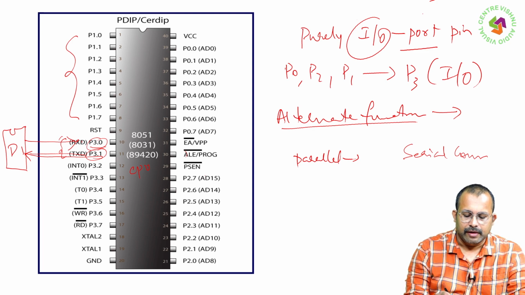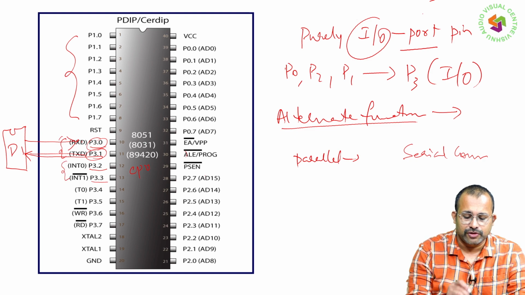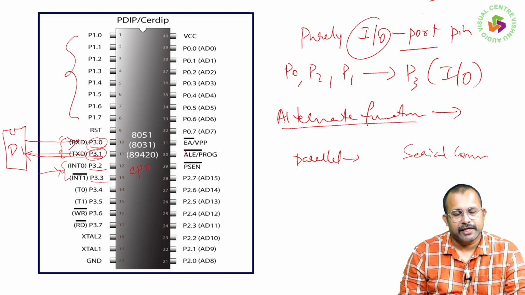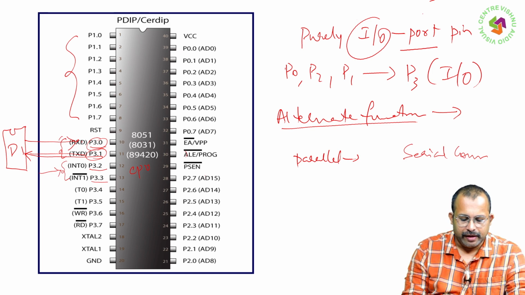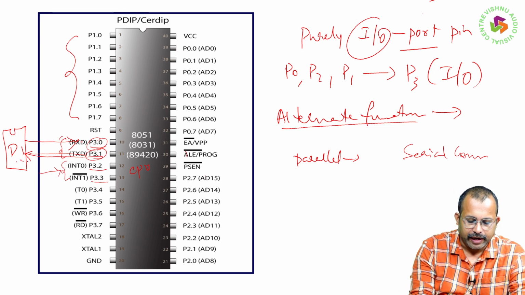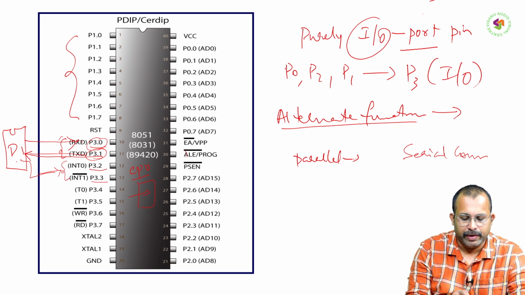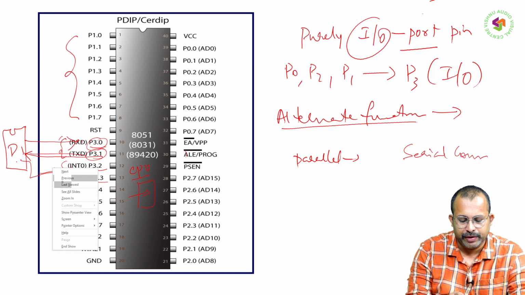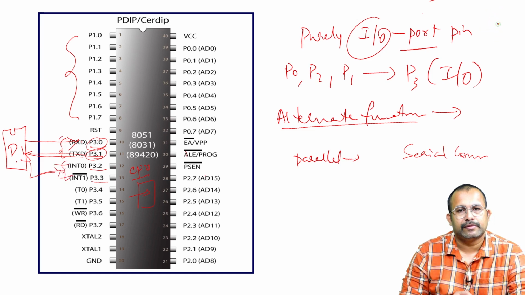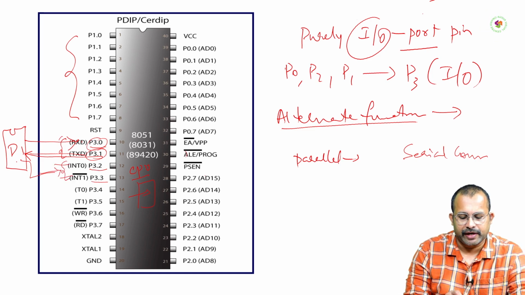And next, port 3.2 and 3.3 are used as interrupt pins. Externally connected devices can interrupt the CPU's main program execution by sending an interrupt to these pins, INT 0 bar and INT 1 bar.